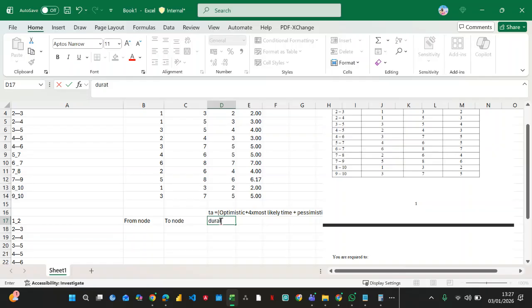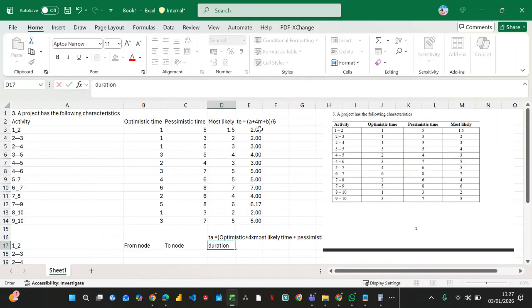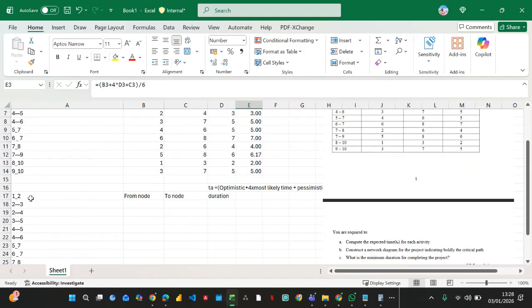So now the direction is what we already answered, because we already calculated the expected time. Let's say this is activity one.